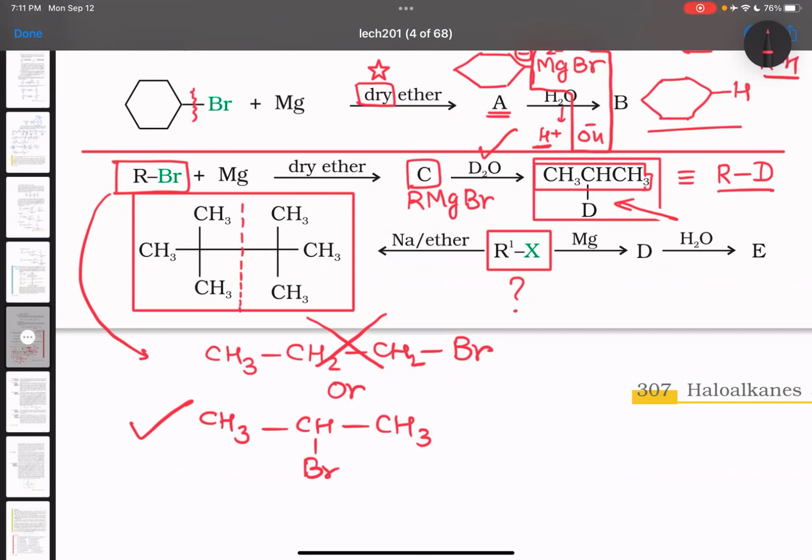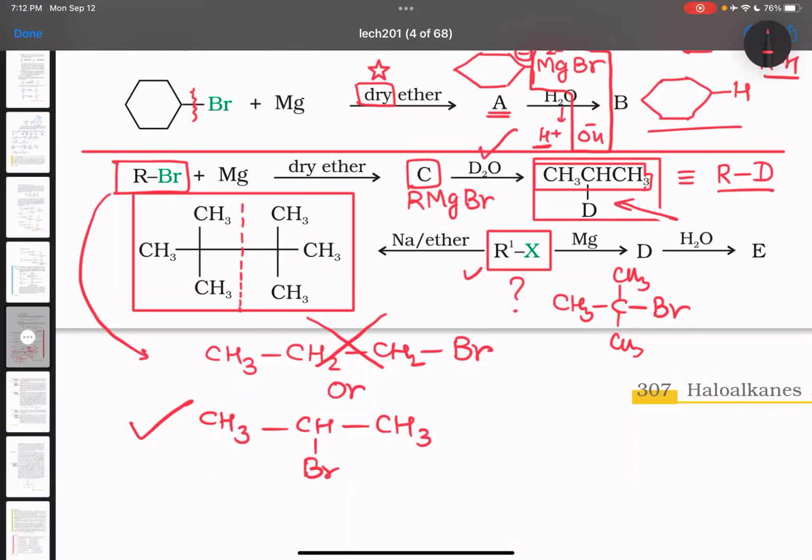So this R1X is (CH3)3C-Br. Is it clear? When you react it with sodium, it gets doubled, the Br is removed and two groups join together. Clear? Yes, sir, understood. So we need to work backward. The question is asking for the structure of the original reactant. Now this is known, we can start working in the right-hand direction.